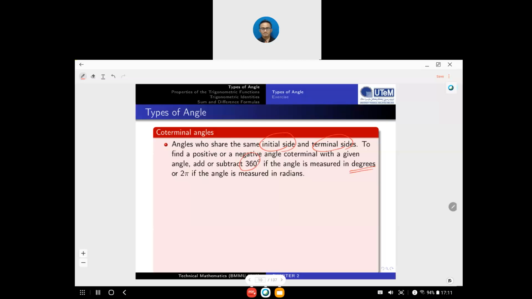If the angle is measured in radians, you add or subtract 2 pi. Maksudnya satu putaran tu. Apa itu coterminal angle? Dia mesti sama, sama ada dia in terms of initial side ataupun terminal side.